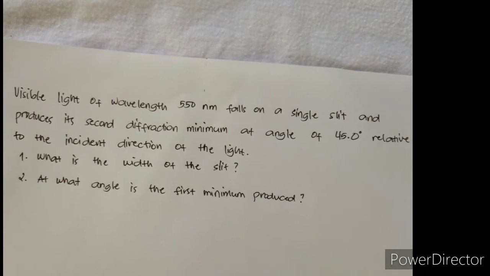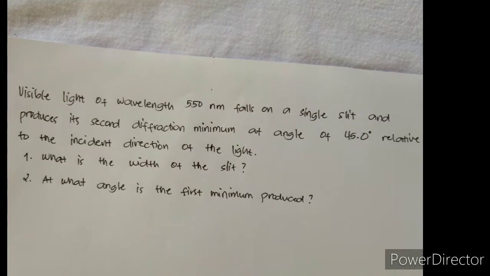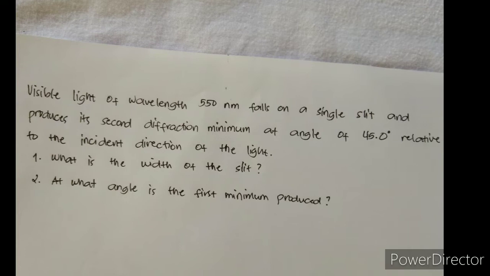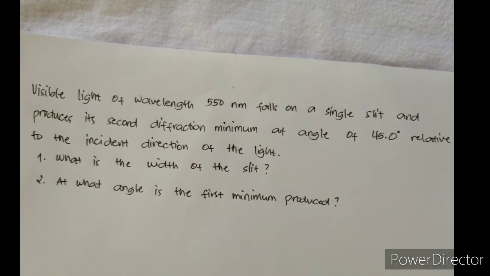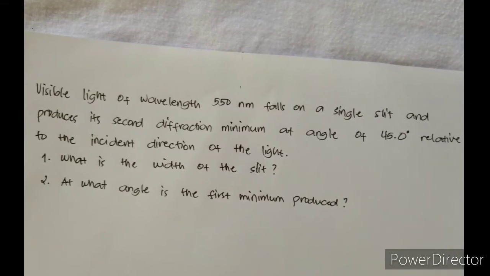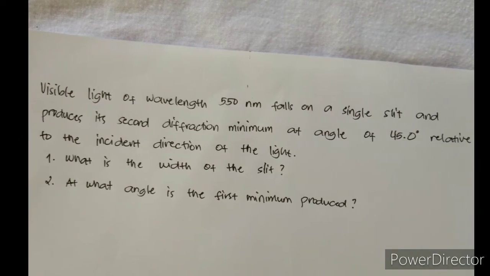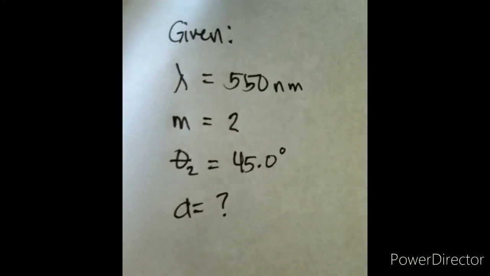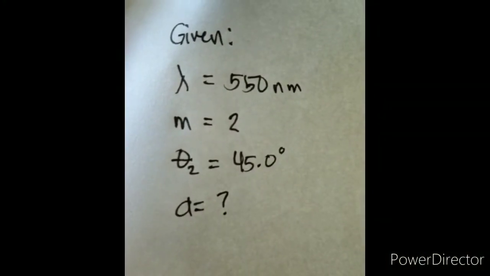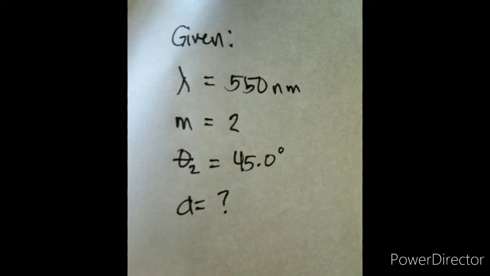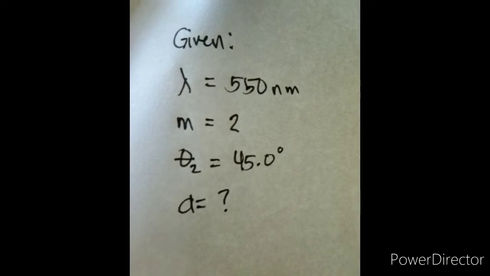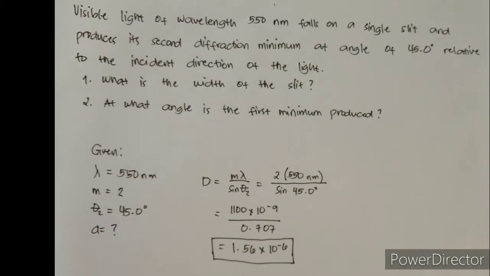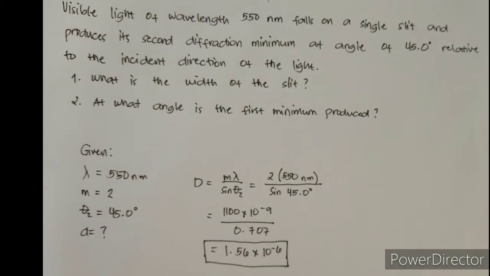From the given information, and assuming the screen is far away from the slit, we can use the equation d sin θ = mλ. First, we find the width of the slit, and next we find the angle for the first minimum. These are the given values: the wavelength is 550 nanometers, m is 2, and the second minimum is at 45 degrees.